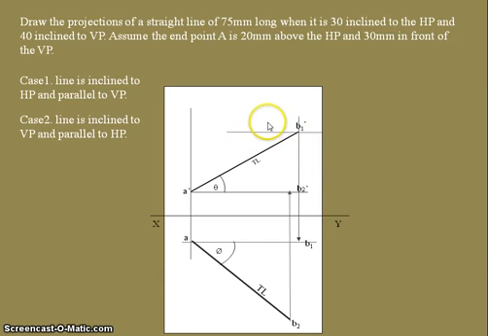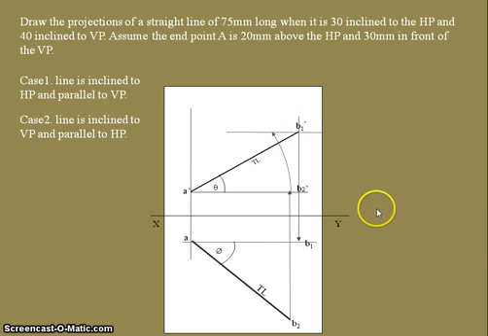How will you get the endpoint B dash? We need to take the front view of the second case as reference. A dash B2 dash is the front view for the second case. So take A dash to B2 dash as radius, then draw a curve like this. You will get an intersecting point here on the locus line.